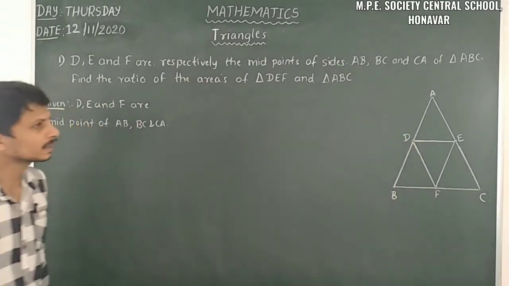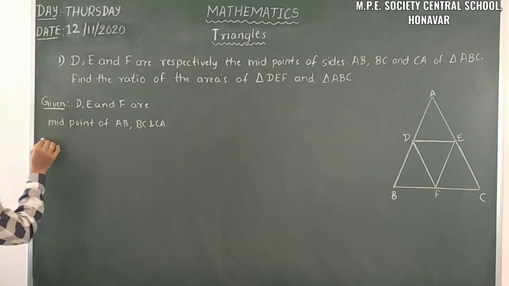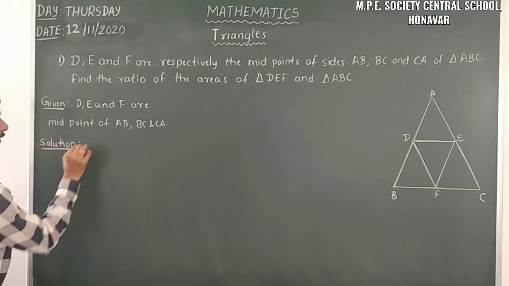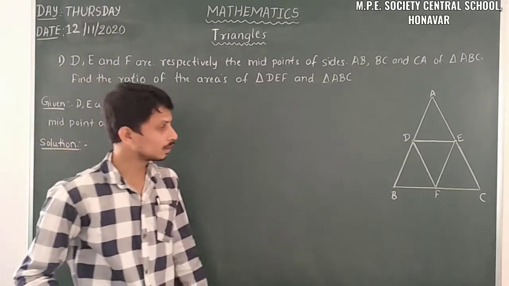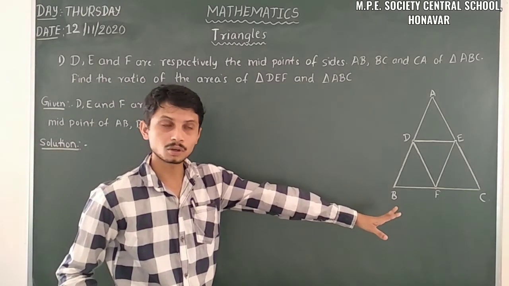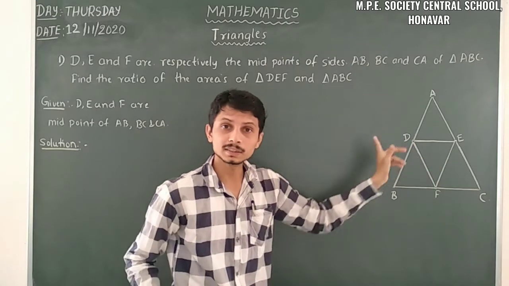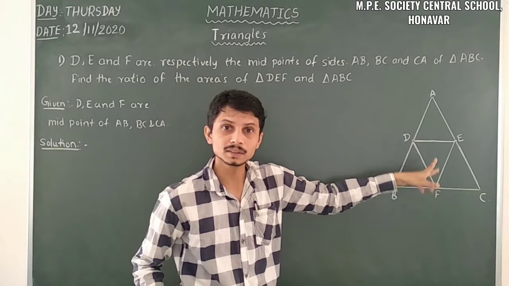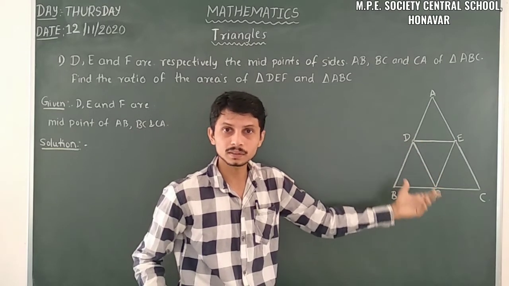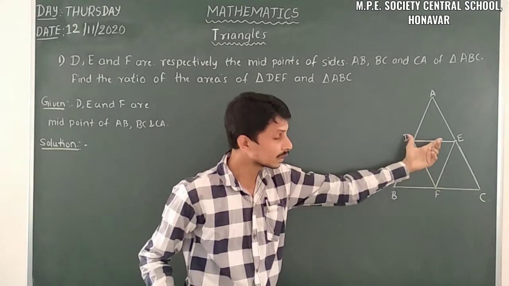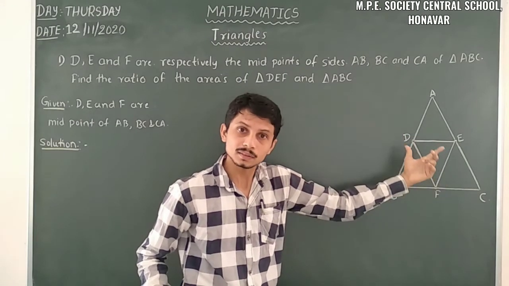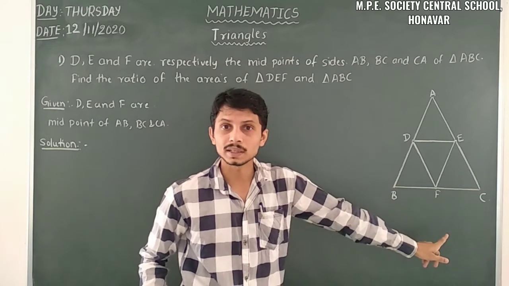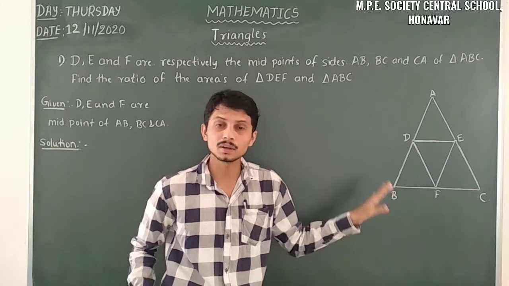Let us take the solution directly. DE is parallel to BC because DE is formed from the midpoints of the other two sides. A line joining the midpoints of two sides must be parallel to the third side of the triangle.